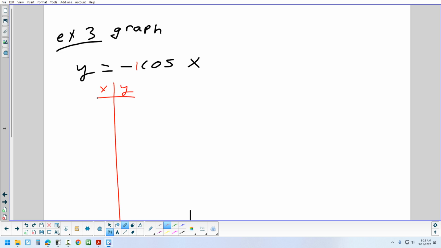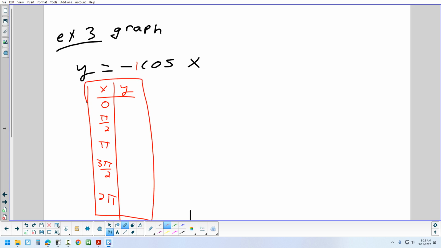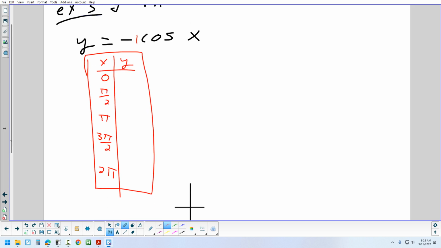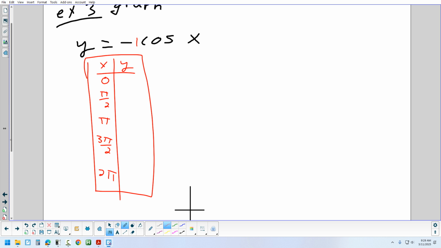Okay, what column stays the same? X, and what are my x's again? 0, pi over 2, pi, 3 pi over 2. Okay. Original y values for cosine. 1, 0, -1, 0, 1.